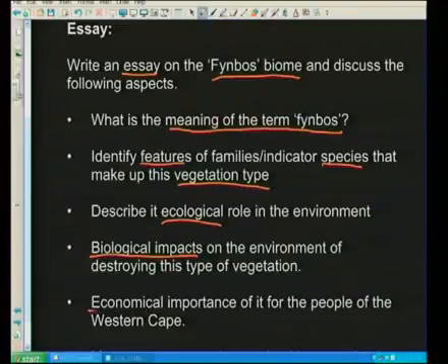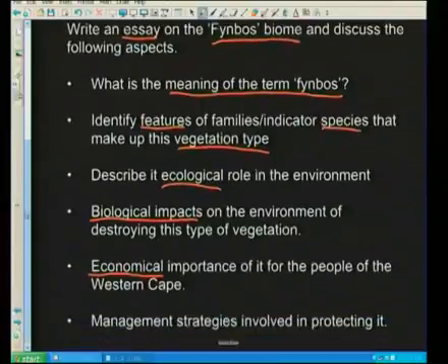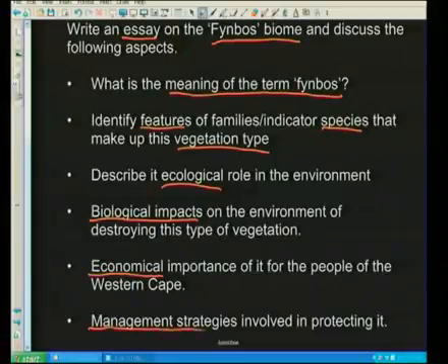And then the last thing that you have to discuss is the economical importance of it for the people of this area, the Western Cape. Oh, sorry, there's a last one, very, very important, is the management strategies involved in protecting this beautiful fynbos area.